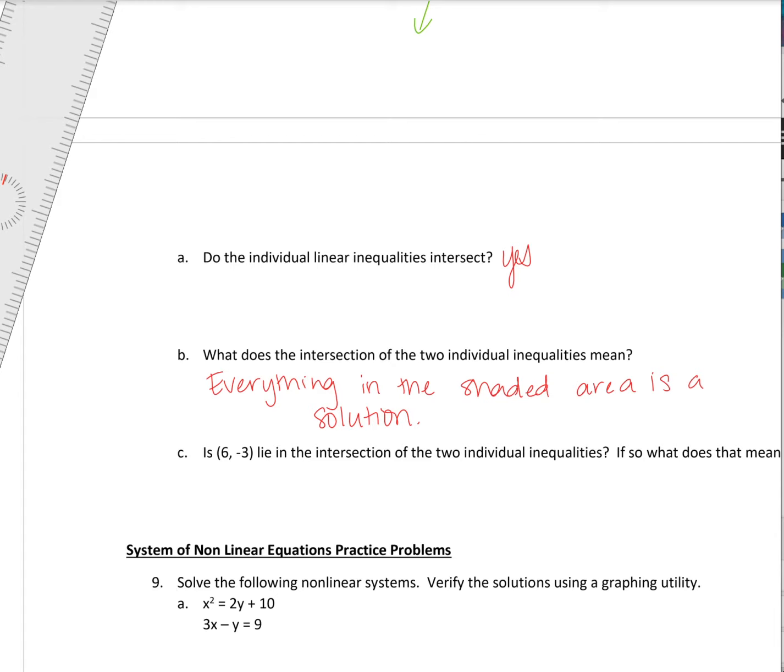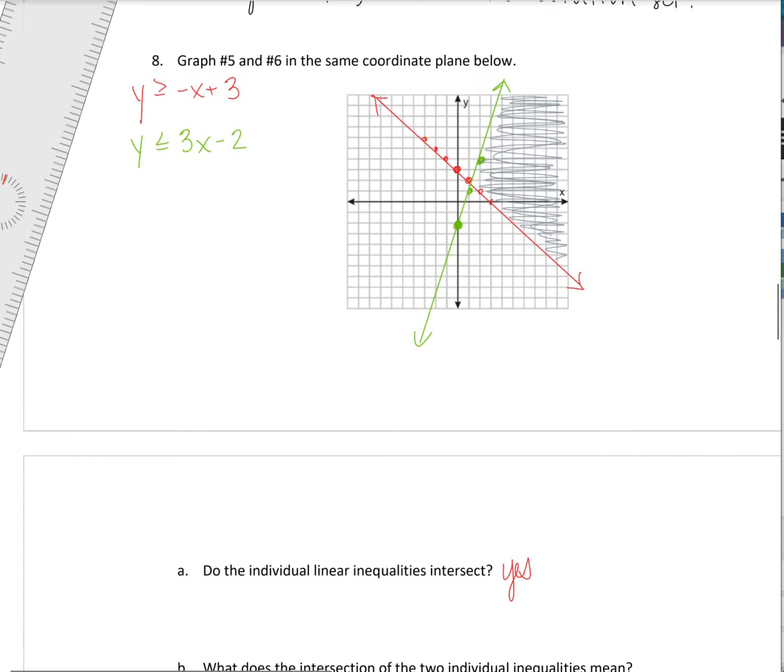Now it asked, is (6, -3) in the intersection? Well, let's go take a look. (6, -3). So we're going to go 1, 2, 3, 4, 5, 6, 1, 2, 3. Ooh, if we notice something, it lands on my solid line. Because it's a solid line, we can say, yes, it is included.